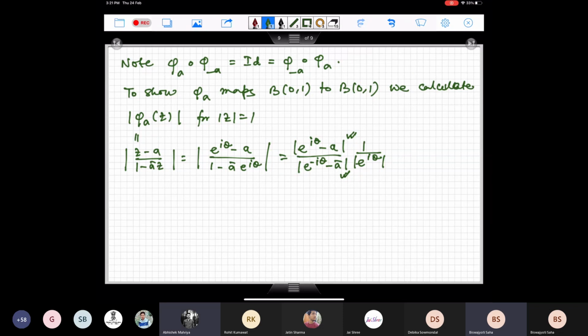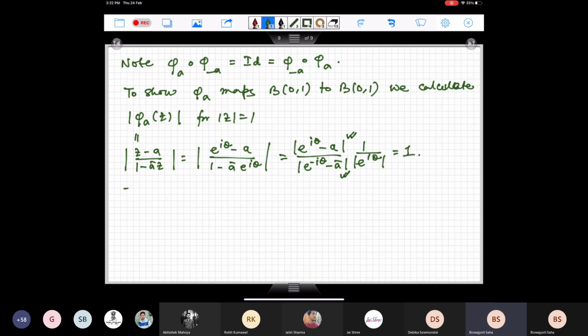Is it clear? So the numerator is just the complex conjugate of the denominator. Therefore this ratio has absolute value 1, and clearly none of them are equal to 0, because mod of a is strictly less than 1. They are non-zero and conjugate to each other, so this quantity has absolute value 1.